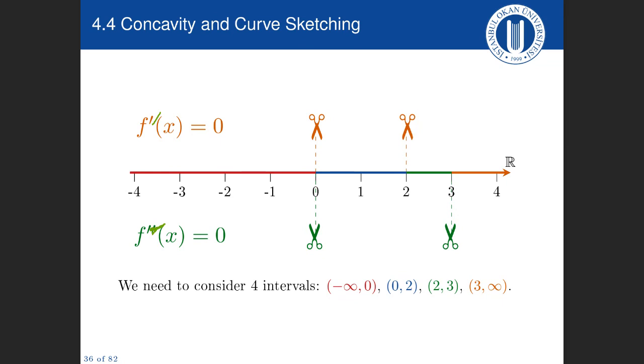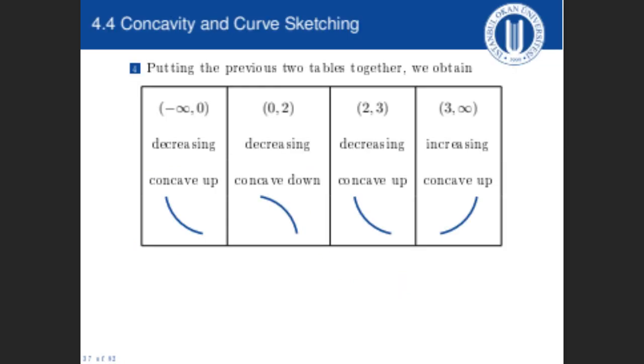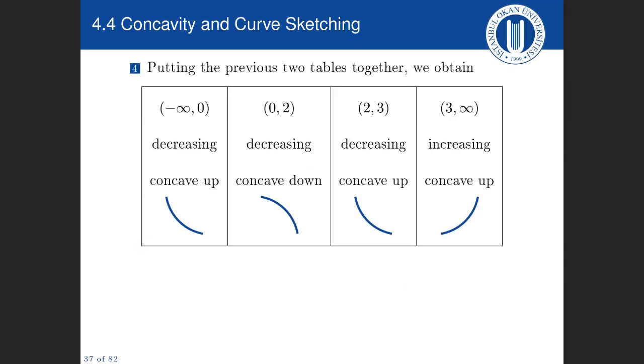Let's summarize what we know on each of these. Between minus infinity and 0, our function is decreasing and concave up. Decreasing and concave up looks like this type of curve.